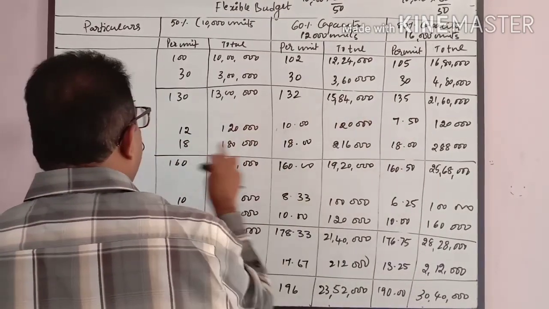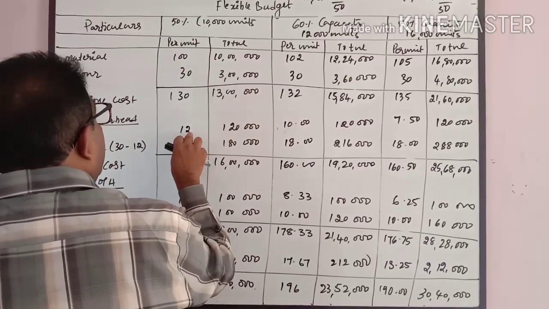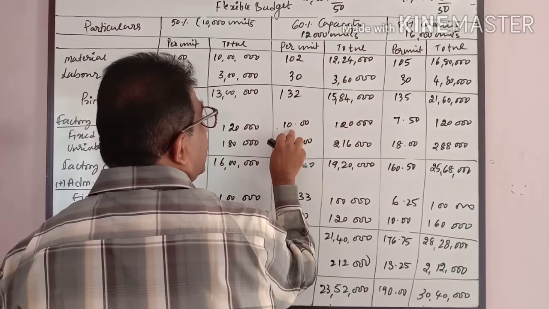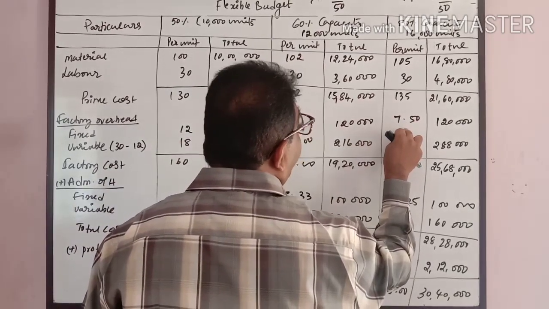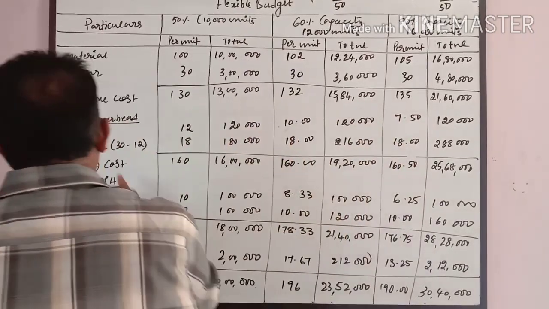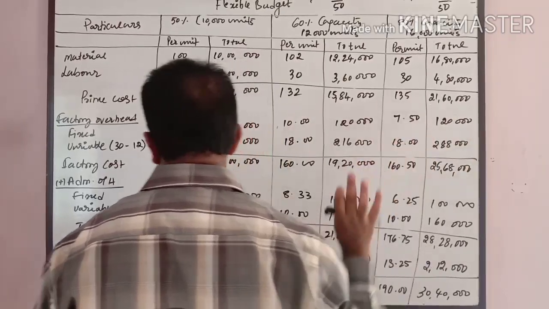So you can observe at 50% capacity, 12 rupees per unit decreased to 10 when it increased to 60%, and 7.50 when it is increased to 16,000. Variable expenses 18 into 16,000, 2,88,000.